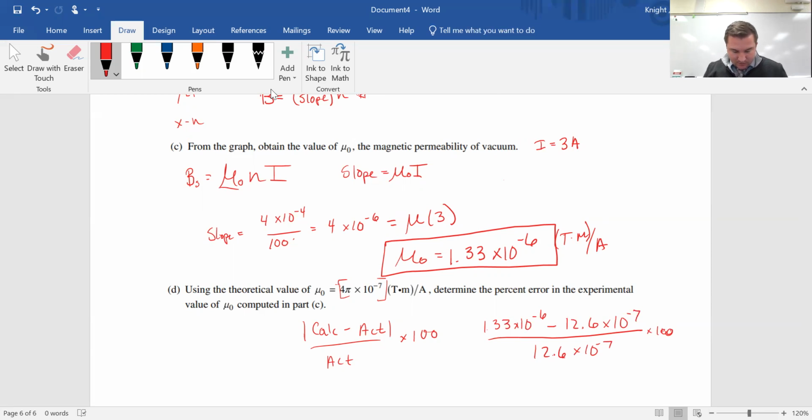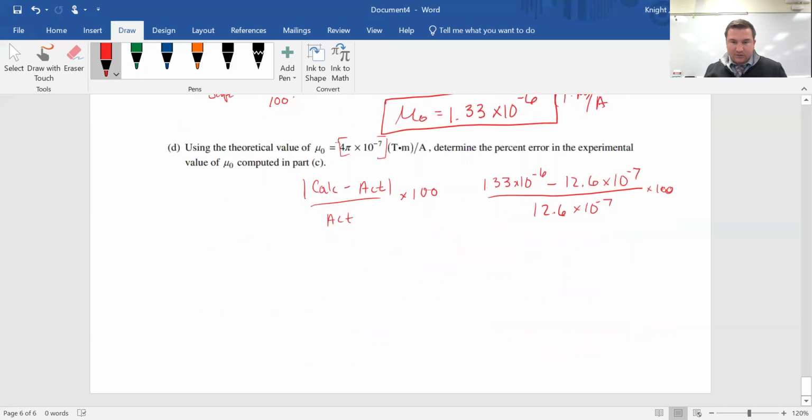1.33 times 10 to the negative sixth minus 4 pi times 10 to the negative seventh equals, I guess that sounds about right.